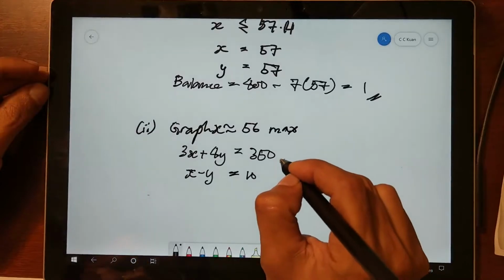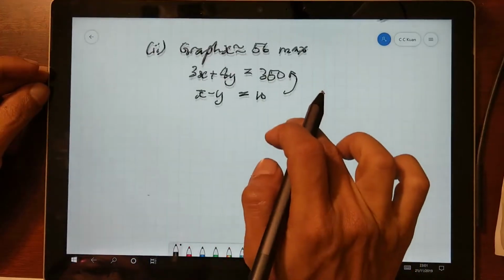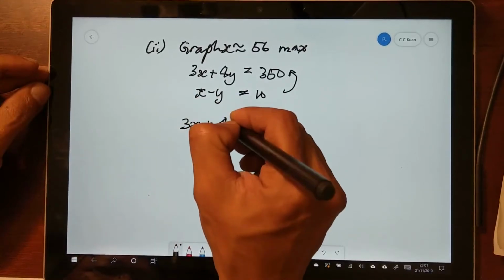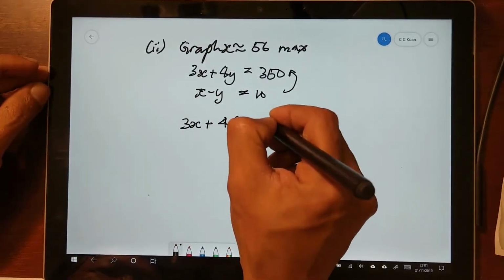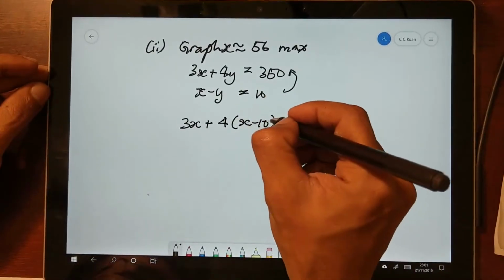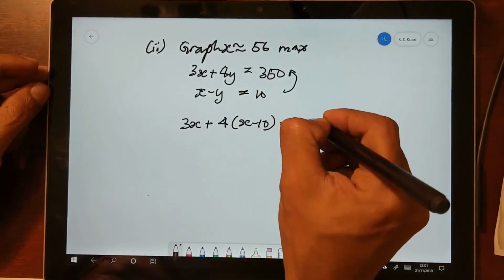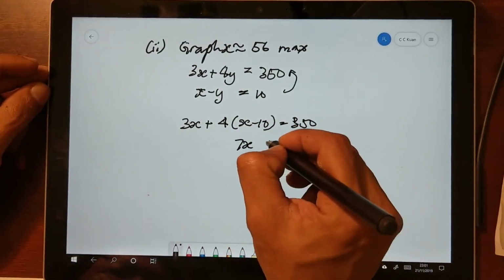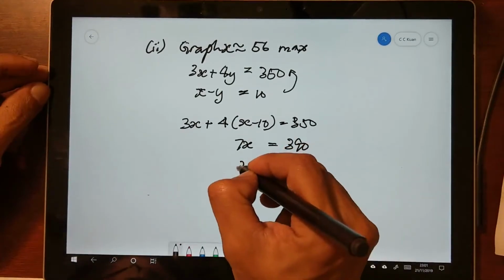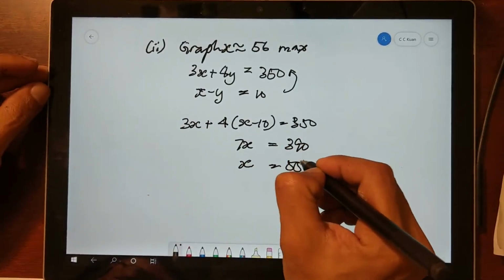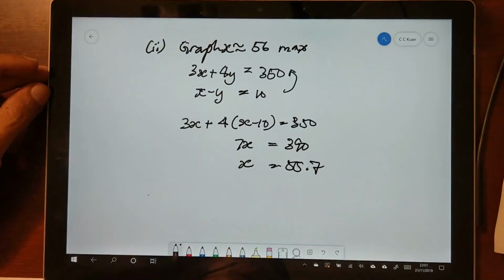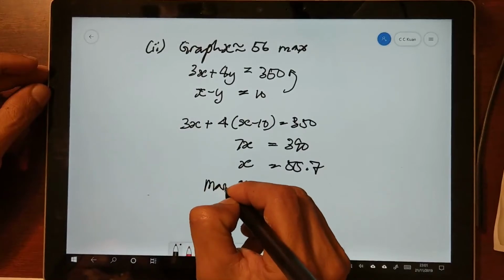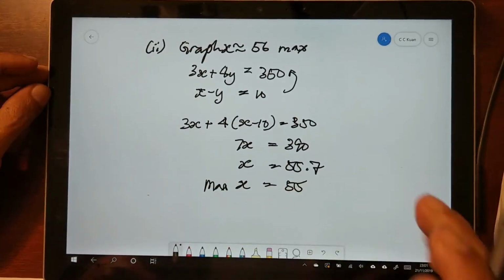So if you substitute that into that, you get 3x plus 4 times (x minus 10) is equal to 350. And work that all out, we have 7x equal to 390 and x is equal to 55.7. Alright, so yeah, maybe max x equals 55.